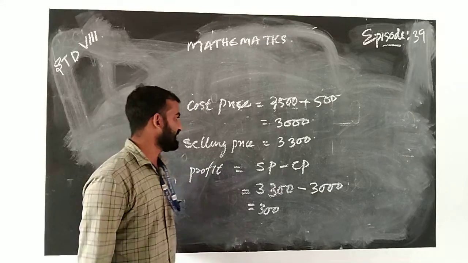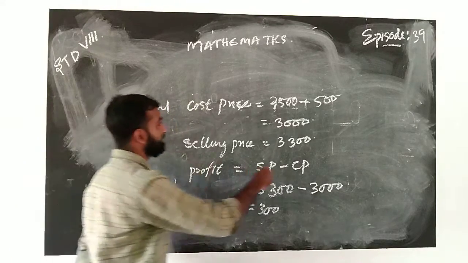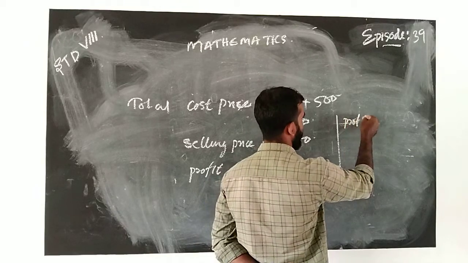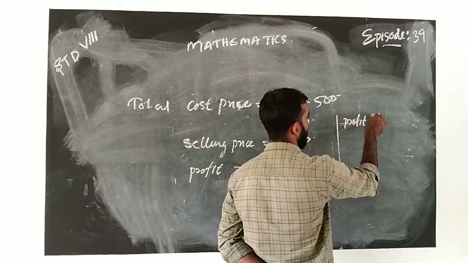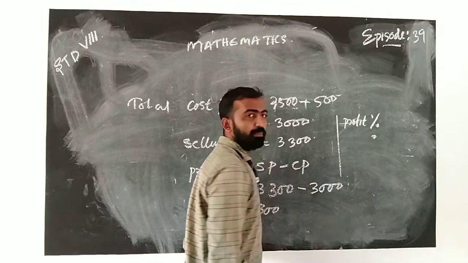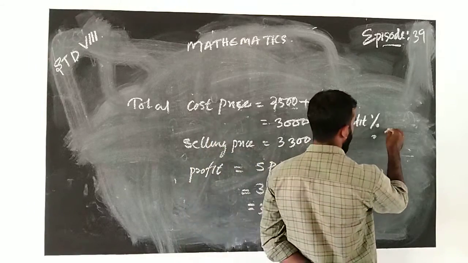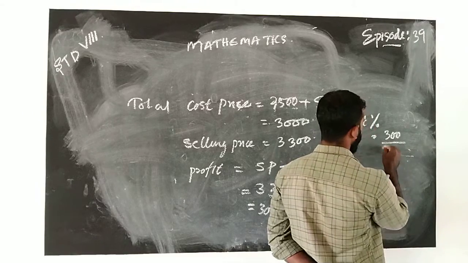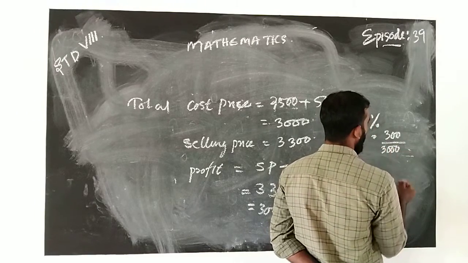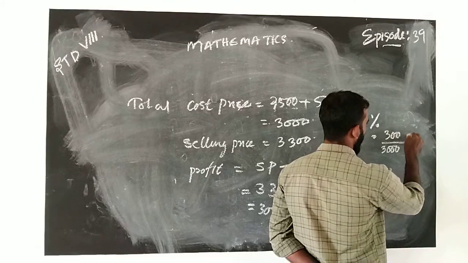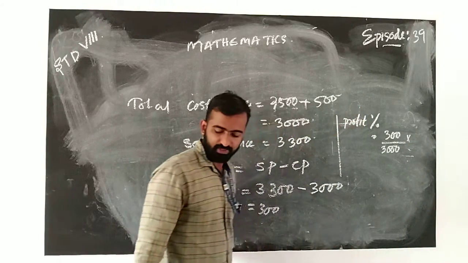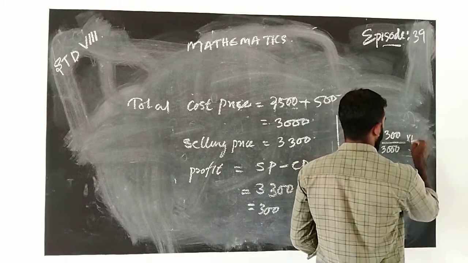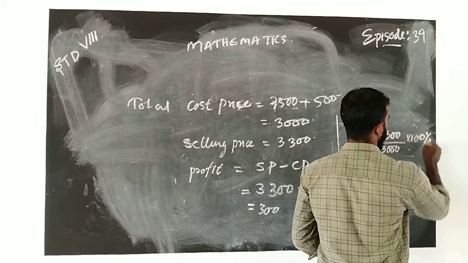Profit percentage is 300 by 3,000 into 100%.